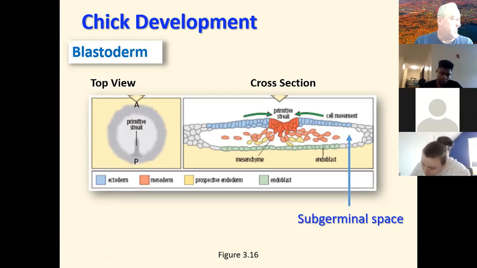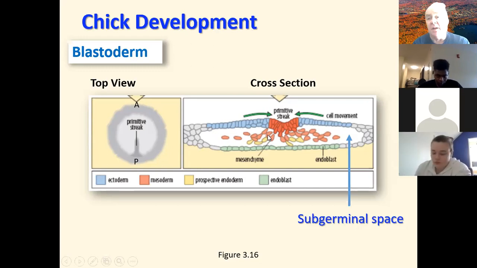Now, a number of things are really important about this. One is once these cells go through the primitive streak, they become mesenchyme cells. So mesenchyme is an important word. We'll see this quite a bit throughout development. Mesenchyme means they are loosely organized, so they're not attached to each other like a tissue would be, kind of individualistic cells.